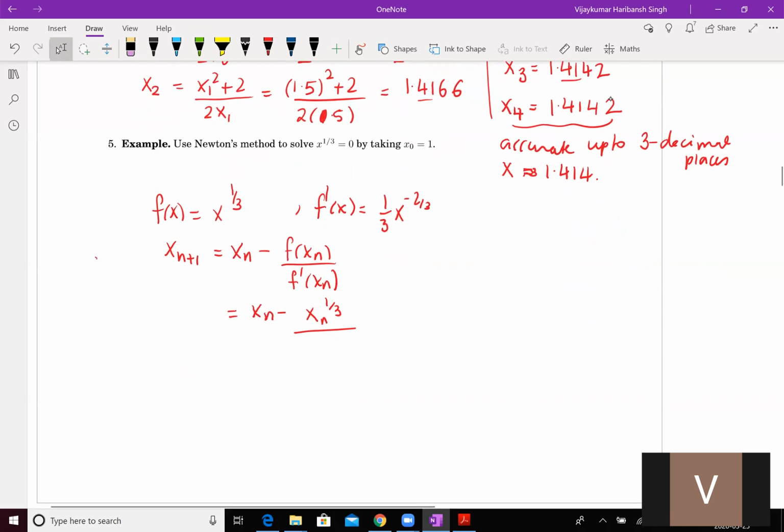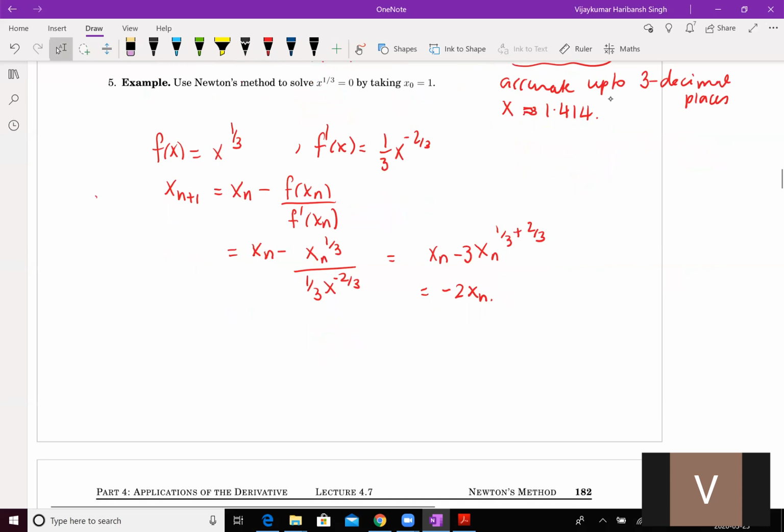Dividing by 1 by 3 is multiplying by 3. That simplifies as xn minus xn to the power 1 by 3 times 3 xn to the power 2 by 3, which will become minus 2 xn. So xn plus 1 is minus 2 xn.